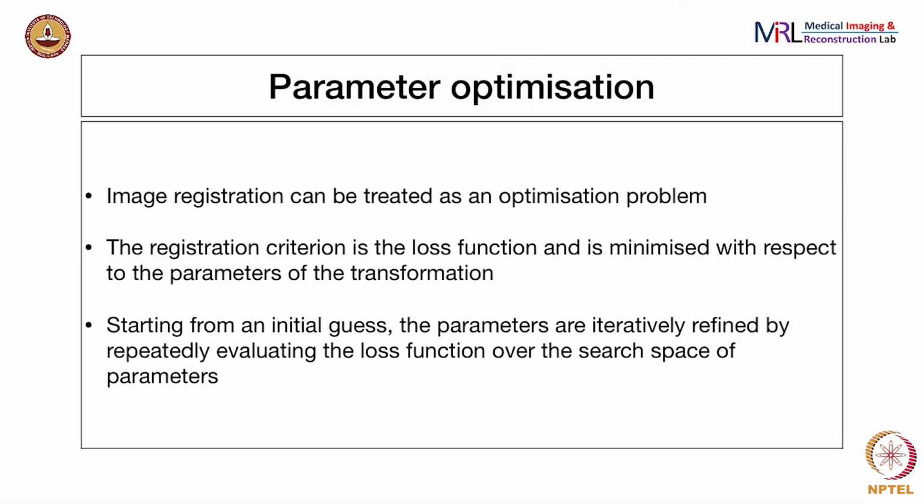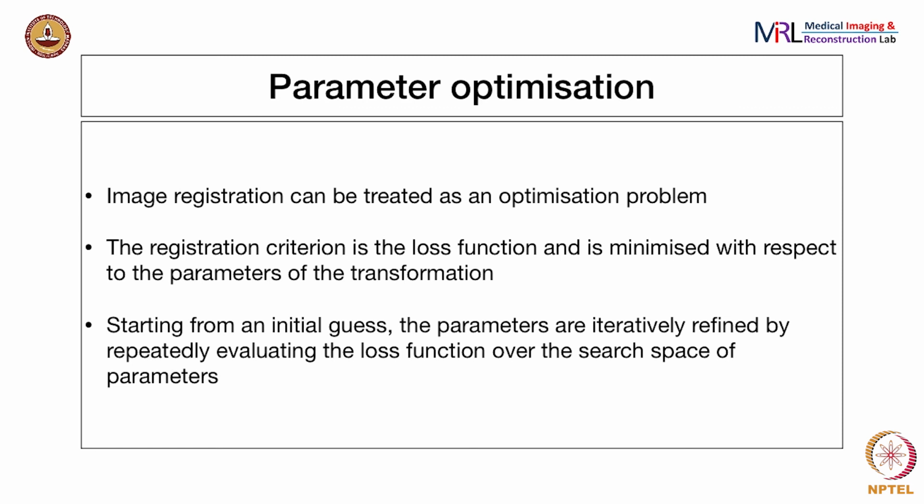The last step. Okay, so like I said, we are trying to iteratively estimate the parameters of the transform by looking at the matching criterion, and seeing if the matching criterion is improving, in the sense it can be either decreasing or increasing depending on the kind of matching criteria you're using. And how is this possible?